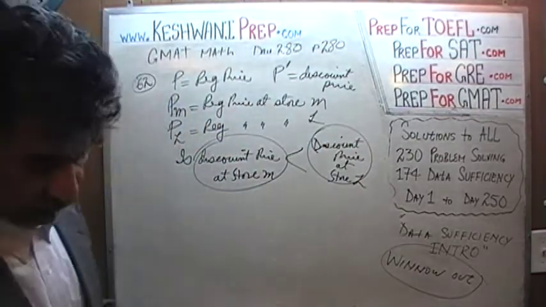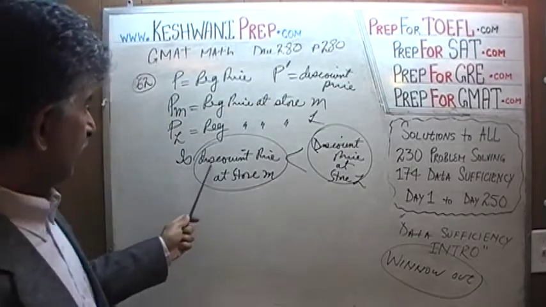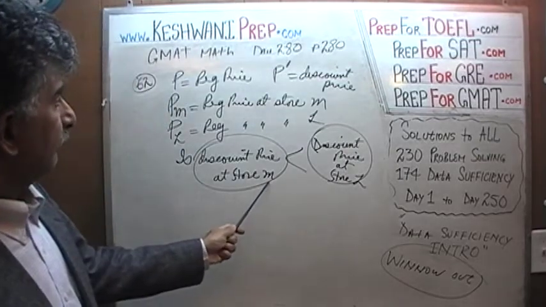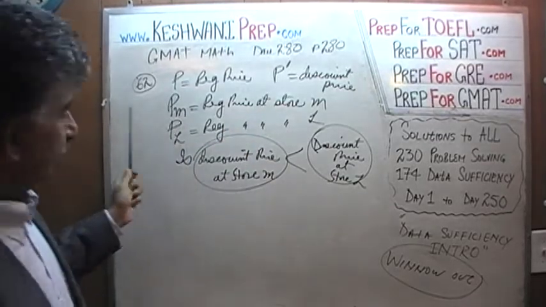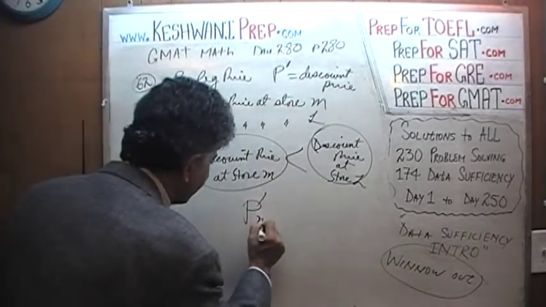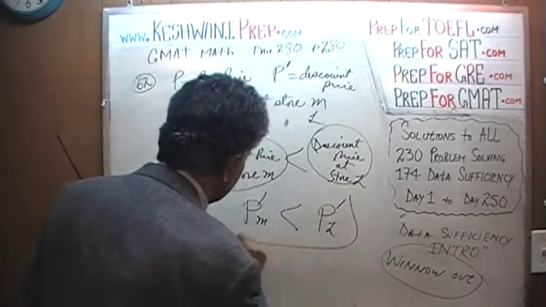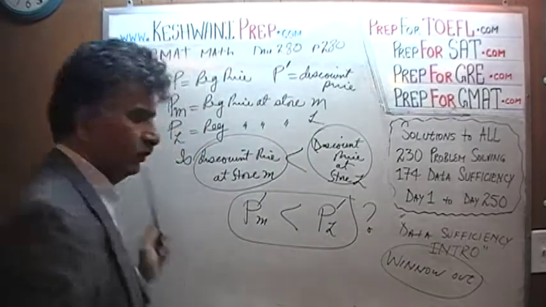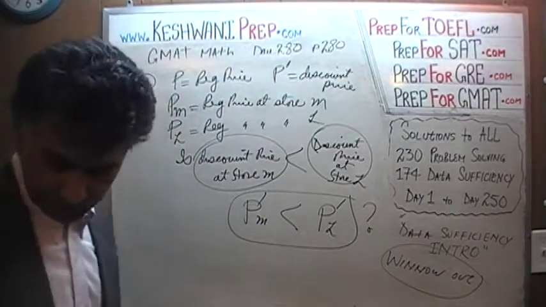Using our symbols that we just put together, the discount price at store M is represented by P prime subscript M. Is P prime subscript M less than P prime subscript L? This is what we're looking for. This is the question. Do you understand? Now let's see what they give us.